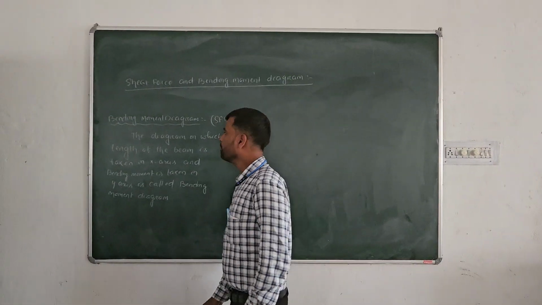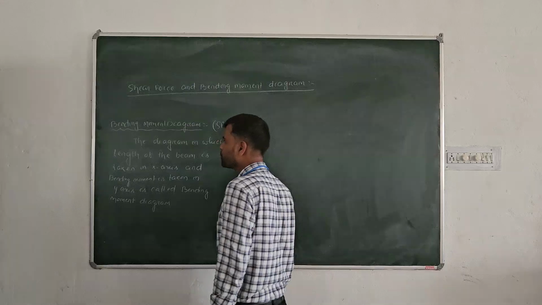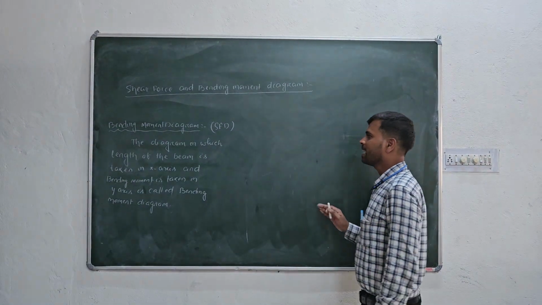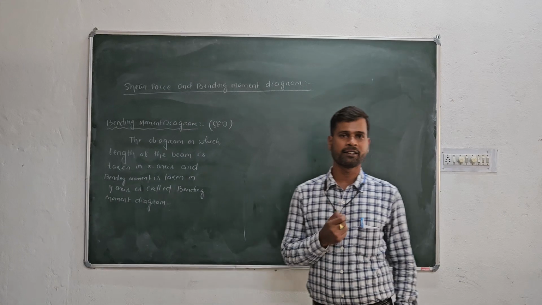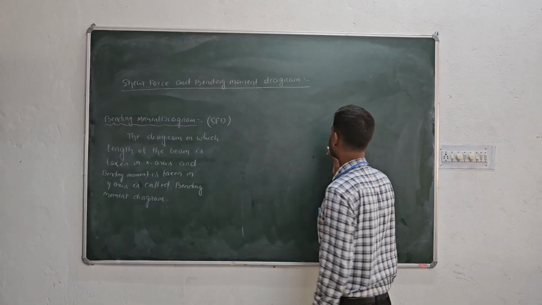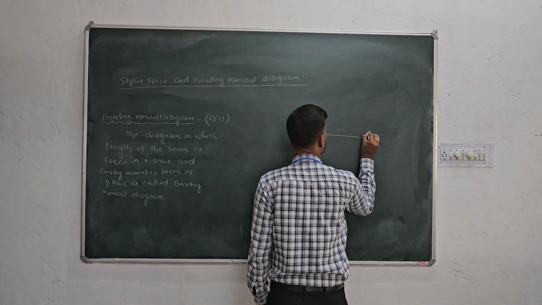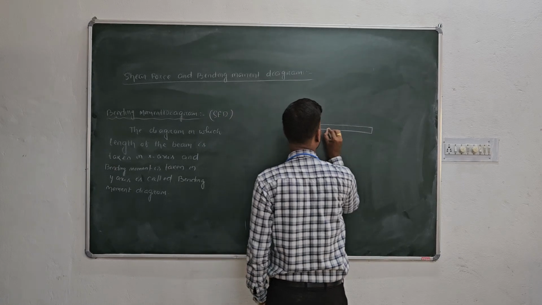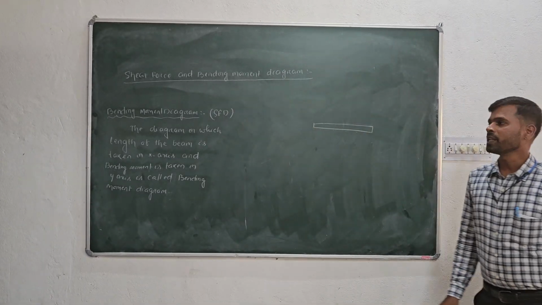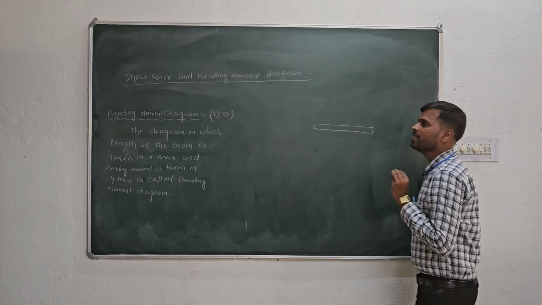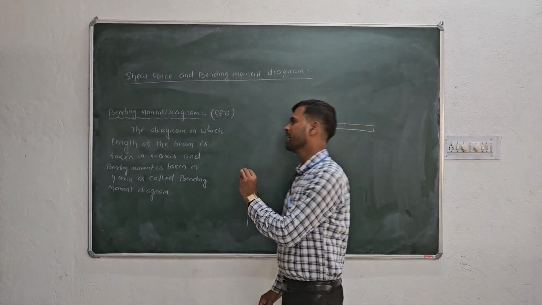Next is the bending moment diagram. Similar to the shear force diagram, the bending moment diagram is also a diagram where we express the various bending moments acting at various points of a beam. Suppose this is your beam, a combination of various points. At various points, how much bending moment is acting because of various forces and support reactions, when we express that in terms of a diagram, that is called the bending moment diagram.